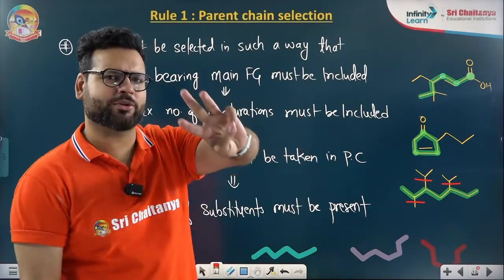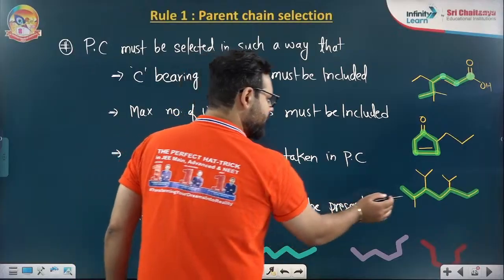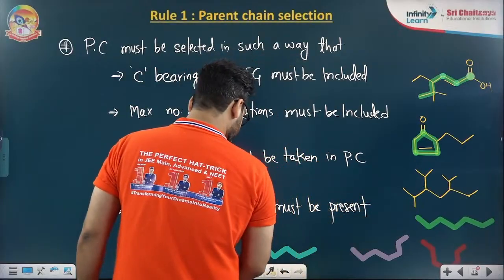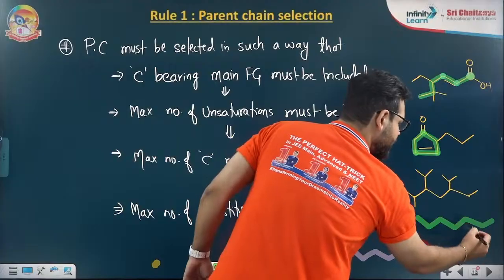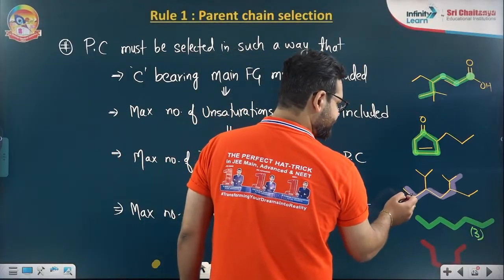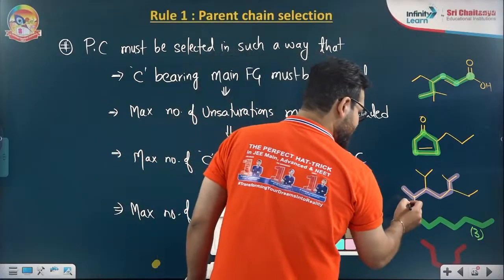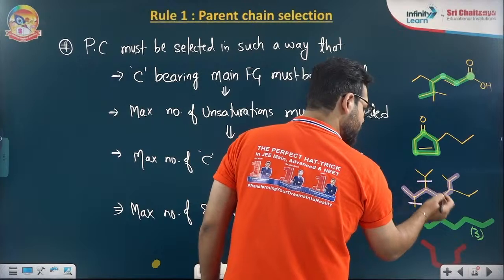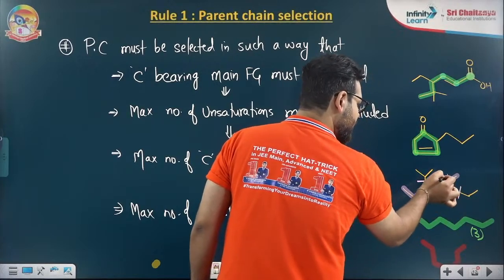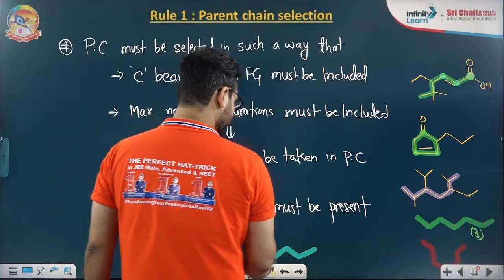Green has 3 substituents. I'll just mention it here. When I look at pink, pink has 4 branches. You see here, branch number 1, branch number 2, branch number 3, branch number 4. Pink has 4 branches.